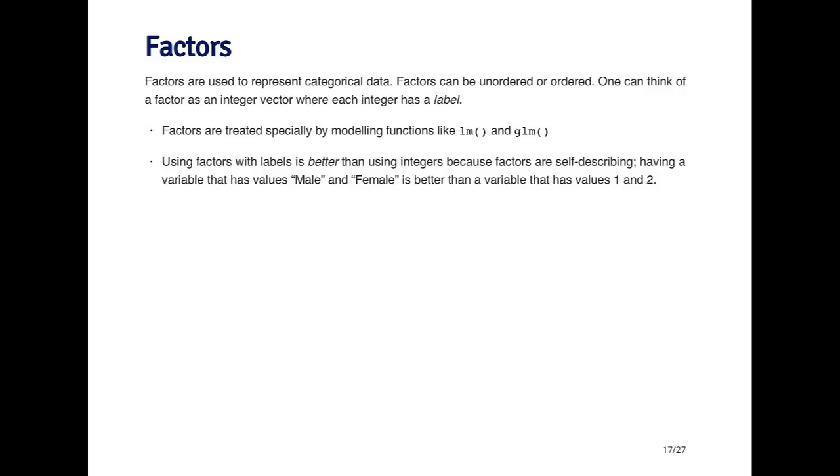In many data sets, you'll find a variable coded as 1 and 2, and it's not easy to know whether that variable is really a numeric variable that only takes values 1 and 2, because that's not something coded in the data set, so it's hard to tell. If you use a factor variable, then the coding for the labels is built into the variable, and it's much easier to understand.